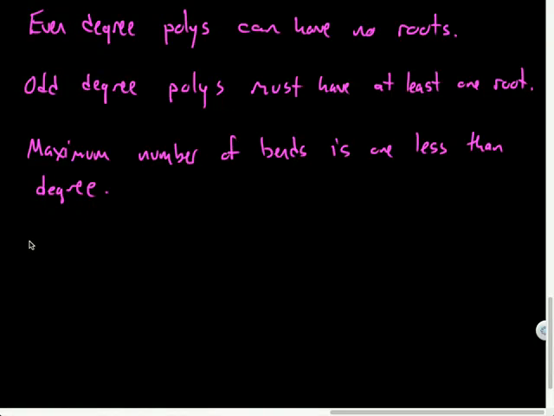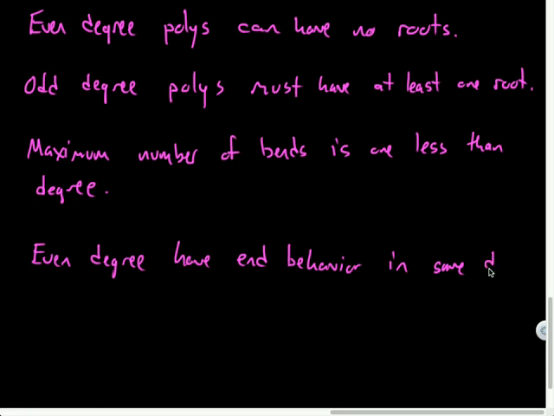So even degree functions have end behavior in the same direction. And by default, odd degree functions have end behavior in opposite directions.